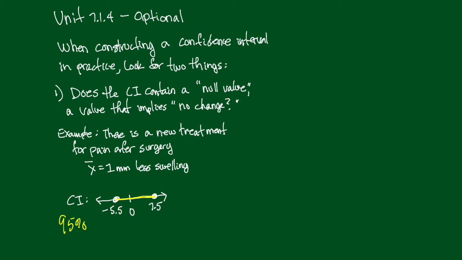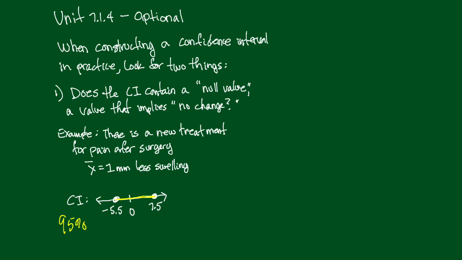So what this says is that there is a 95% probability that this interval captures the true mean amount of less swelling. Well, that includes a zero, right? So there's a possibility that zero is in there, and if zero is in there, that means there's no reduction in swelling.